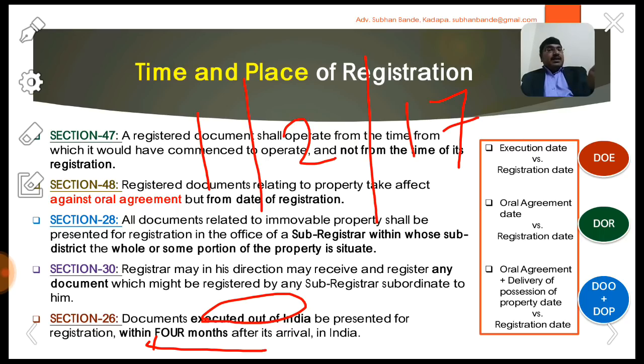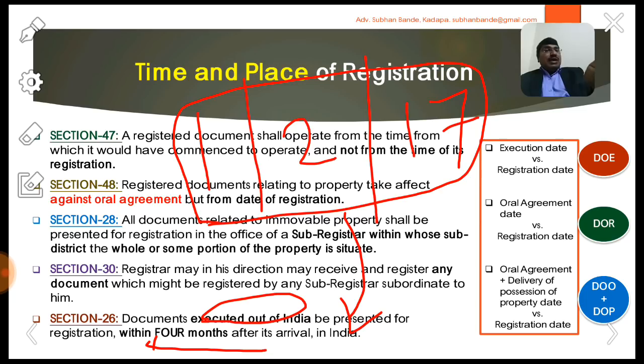If the parties want to register the execution of such document in India, it should be registered within 4 months after arrival into India.